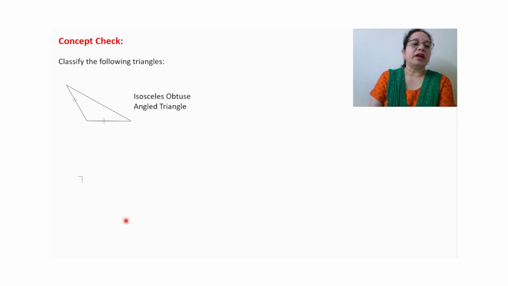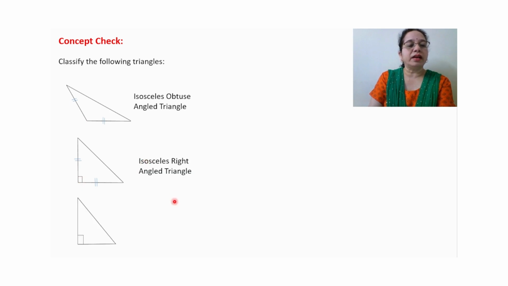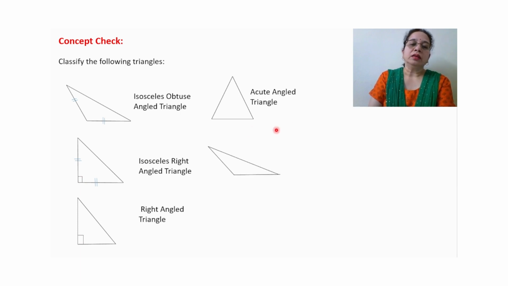Classify the following triangles. Here you can see that two sides are equal, so isosceles, and at the same time an obtuse angle, so isosceles obtuse angled triangle. Now two sides are equal and a right angle is there, so isosceles right angled triangle. Now here you can see the right angle symbol, so right angled triangle. All the three angles are acute angles, acute angled triangle.